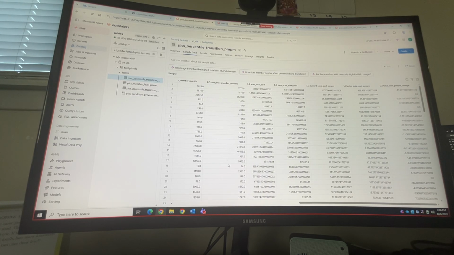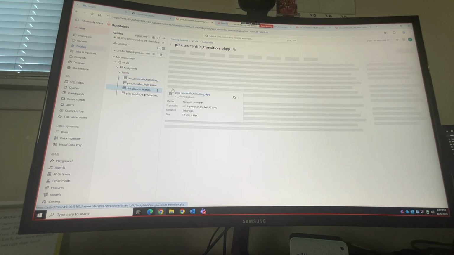So you have different tables for all of this, right? Yes. If needed, you can merge them together. This one is PMPM, and he also has a PKPY.